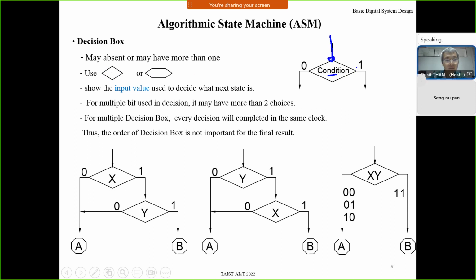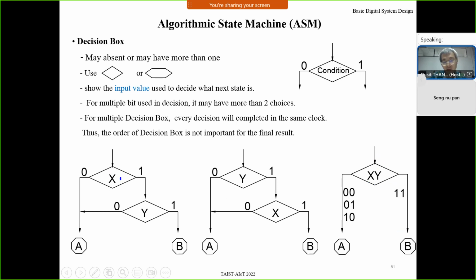If this condition is true, or yes, go in this direction, or if 0, go this way. For example, if x is 1, go here, and if y is 1, go to state B. You can take y first and then x, or you can take x and y at the same time.